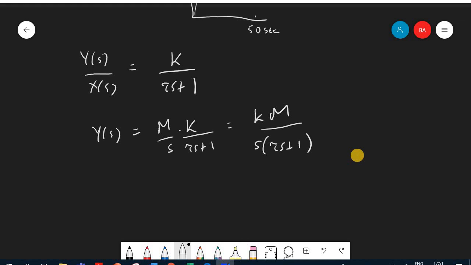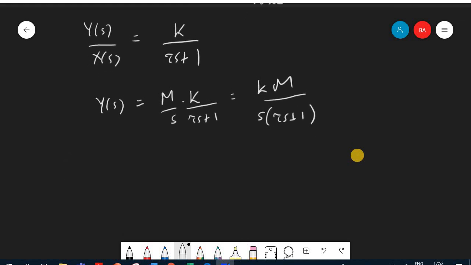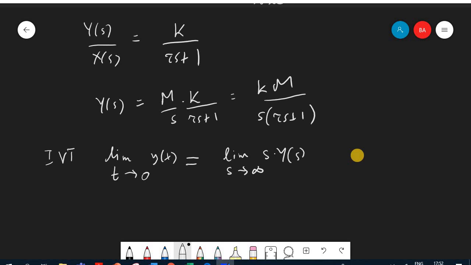What does the initial value theorem say? The initial value theorem tells me that to find the initial value of y of t as t approaches 0, I can directly substitute s approaches infinity. However, I'm going to multiply y of s by s.